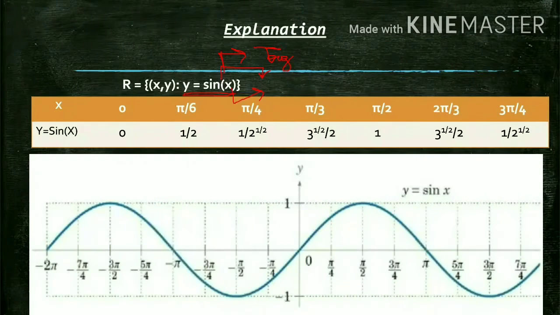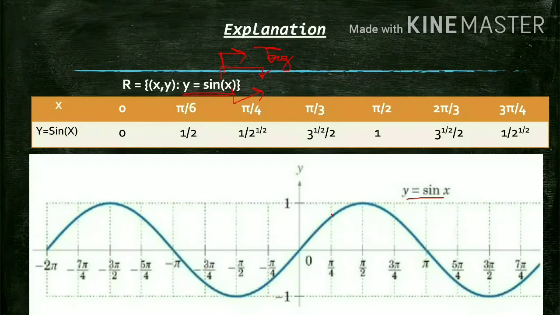Let's draw the graph. On plotting the number of points drawn on the x-axis, I would get the graph like this, which is y equals sine of x. These are ordered pairs only. If I take any point, I get the x coordinate and the y coordinate, which is nothing but a pair.